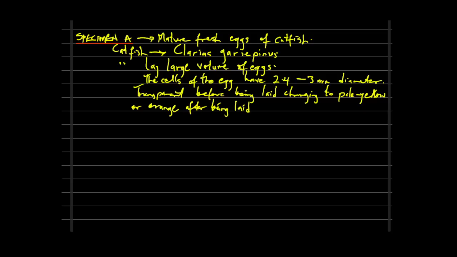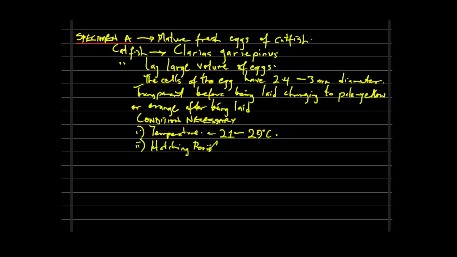And the conditions necessary: one is that the temperature has to be between 21 to 29 degrees Celsius, and two, that the hatching period is between 5 to 10 days after the eggs are laid.